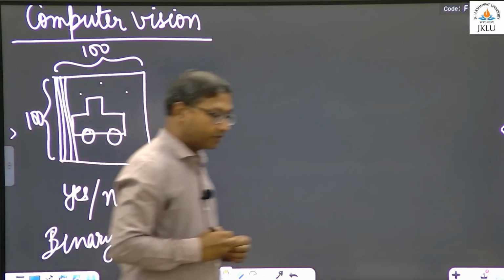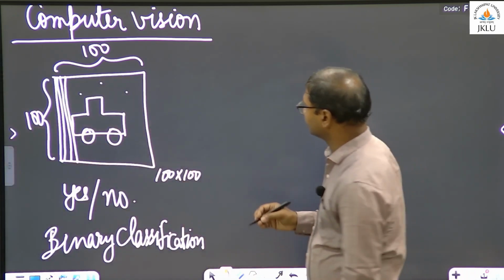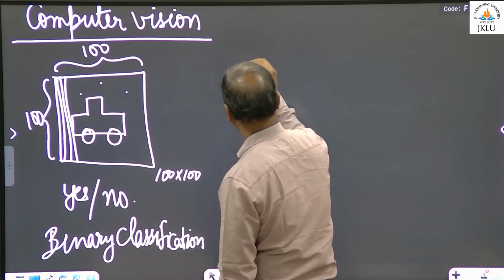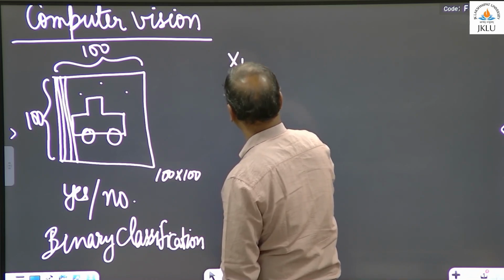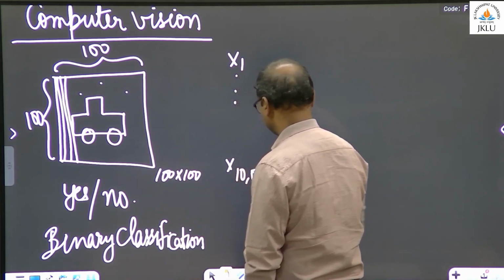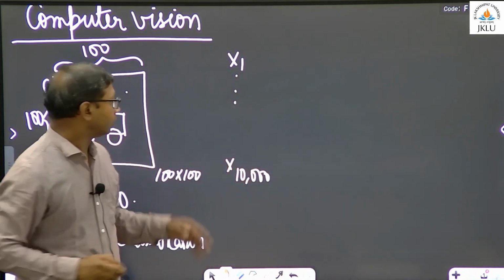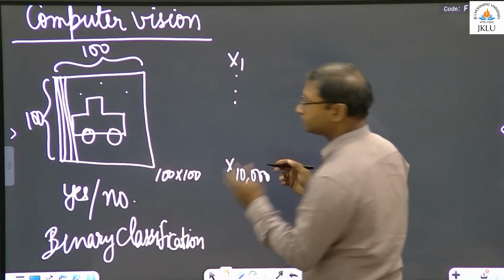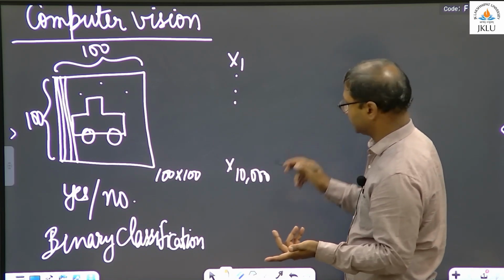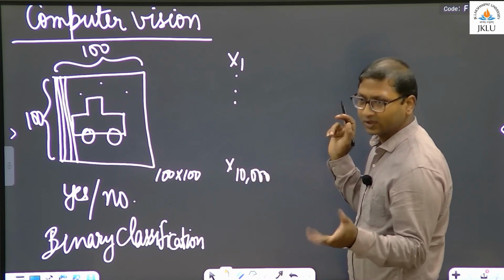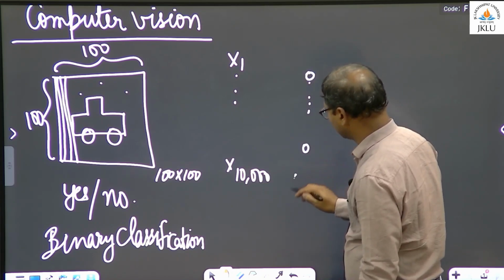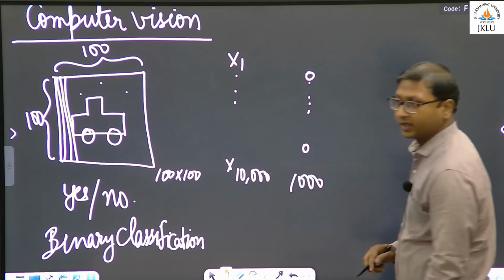My input layer becomes x1 to x10,000. What comes next? Hidden layer. So what do I want here? 10,000 to maybe 1,000. So let's say I have 1,000 here.